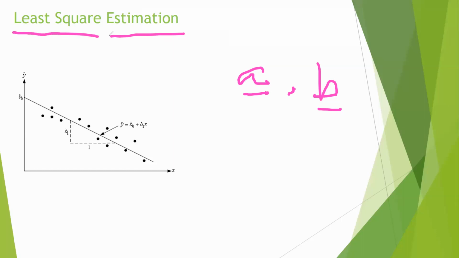The least square estimation is the commonly used way to estimate these two parameters for a linear model. And the least square estimation is equivalent to the MLE if we assume the error term is normally distributed, right?